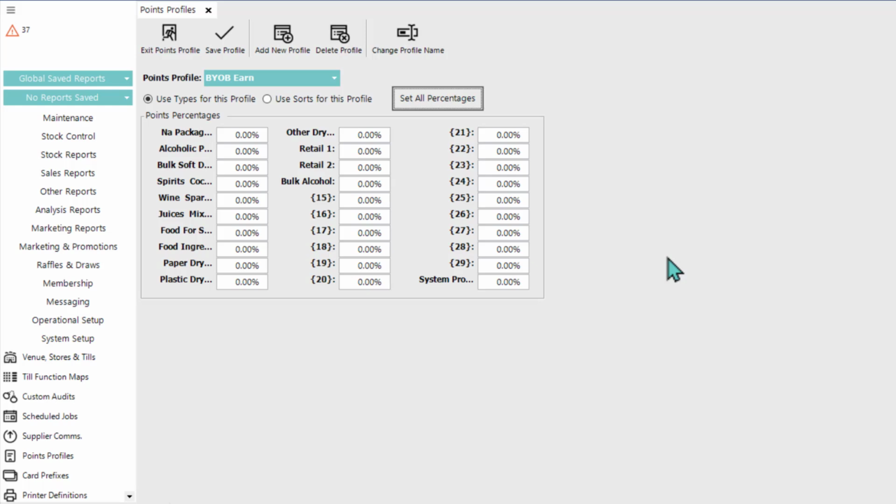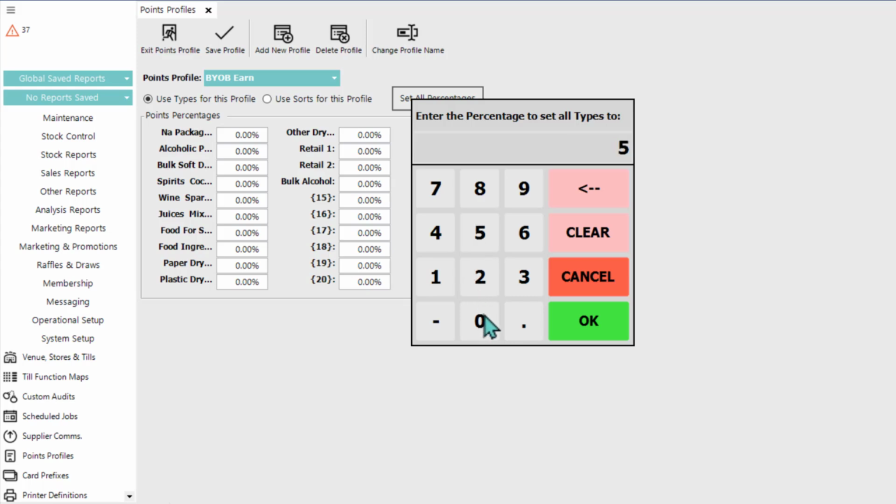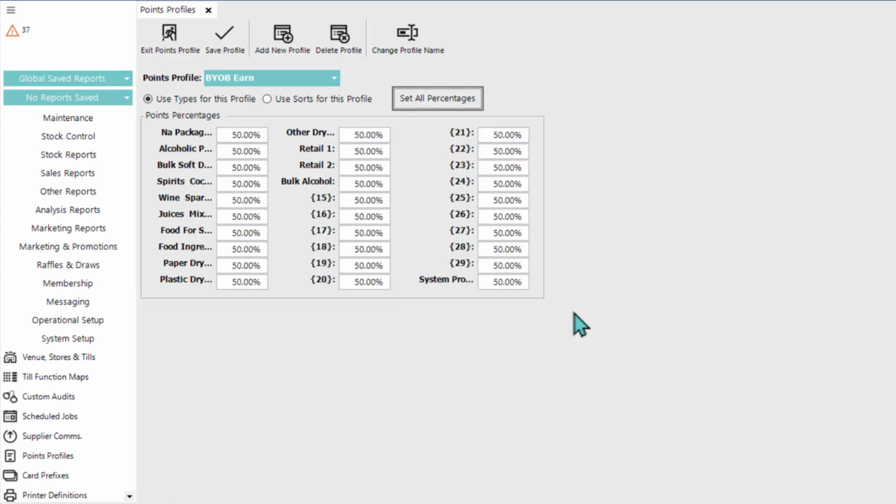Now, in your system, of course, feel free to configure these and create however many points profiles you need. I will set all of these maybe to 50%, so that for every $1 spent, we'll earn half a point. That seems fair.